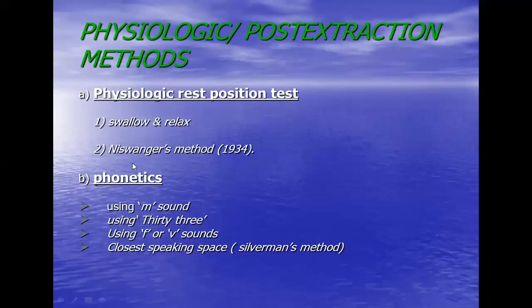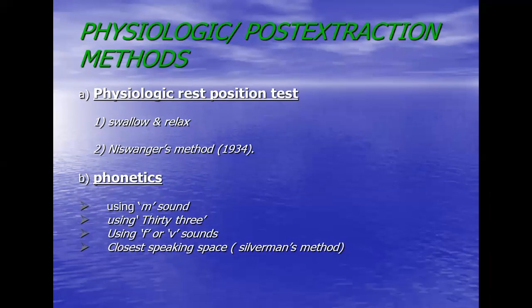In Niswanger's method we combine 3 methods. First is swallow and relax, then sound. Moisten the upper lip with the tongue and relax, take the reading, then ask the patient to say a sound, take the reading again, then ask the patient to swallow and relax, and take the reading again.